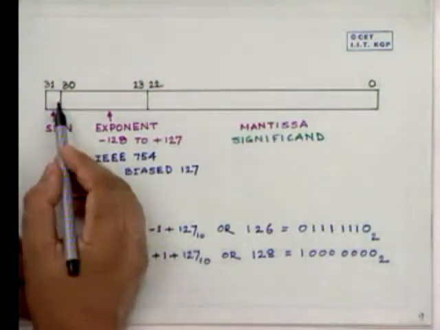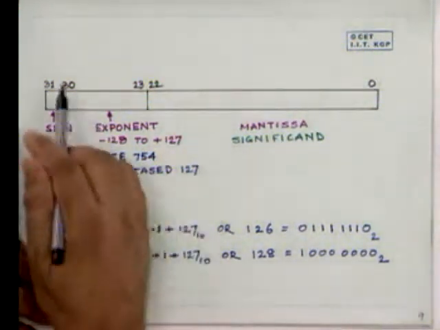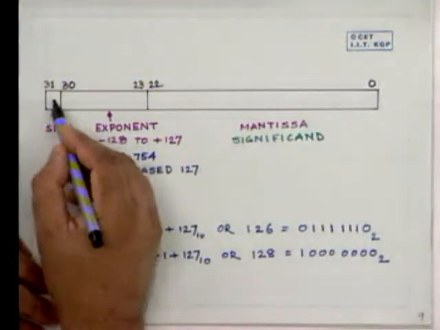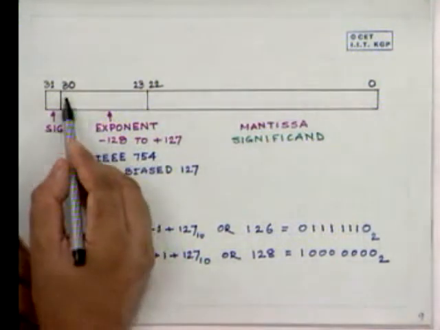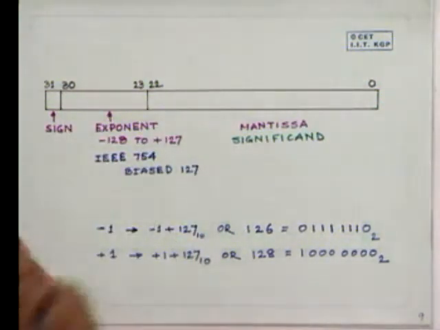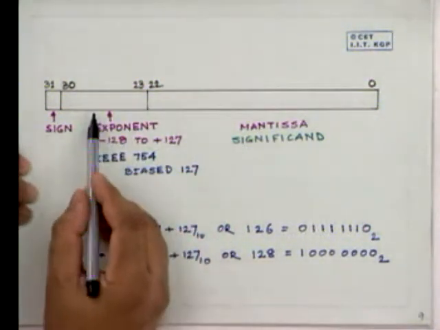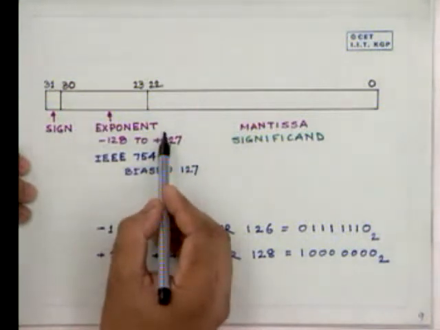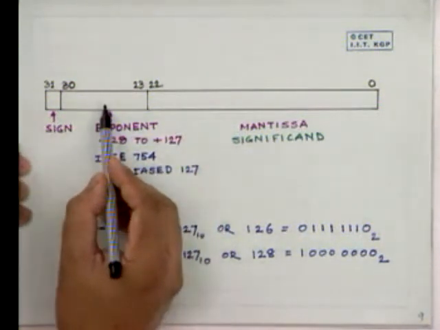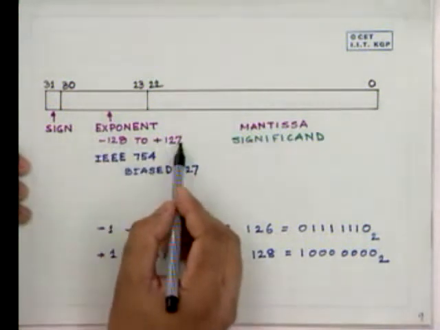We keep the most significant bit as the sign bit of that entire number, whether the number is positive or negative. We keep an 8-bit exponent. If we represent it in 2's complement form, the exponent can range from minus 128 to plus 127.